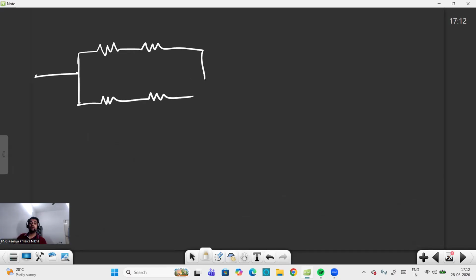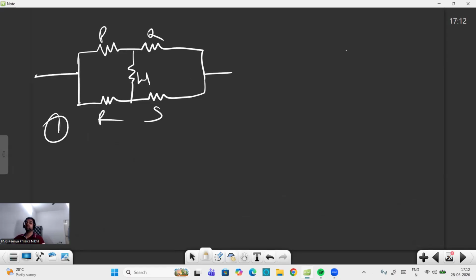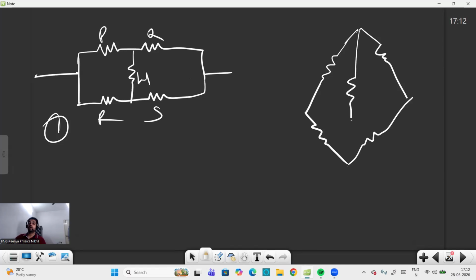This is a combination of 5 resistors like this: P, Q, R, S, W. And another way it can be like this also. Then P, Q, then R, S, W. In this way also it can be.